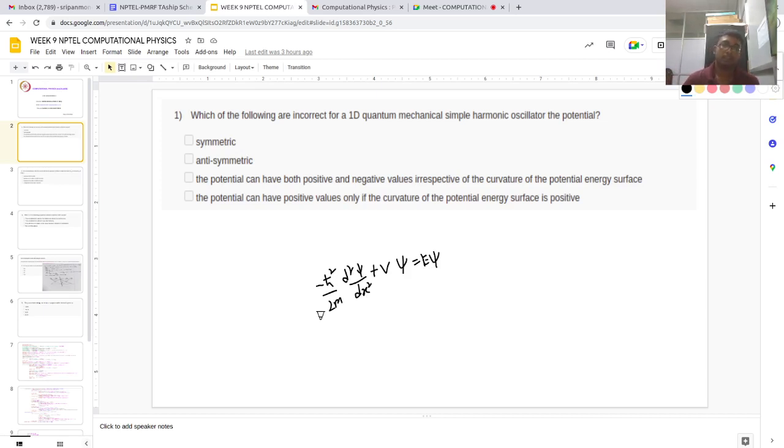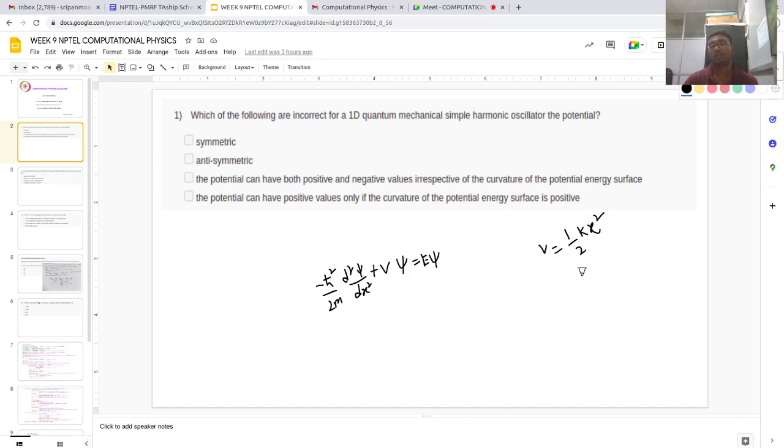So let us move on to the first question. It is asking which of the following are incorrect for a 1D quantum mechanical simple harmonic oscillator, the potential. If you remember, the simple harmonic oscillator has a potential of the form V equals half k x squared, right?